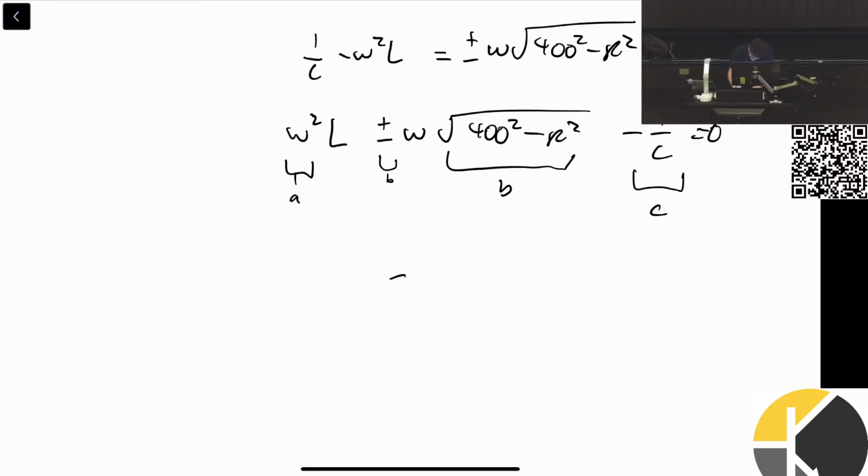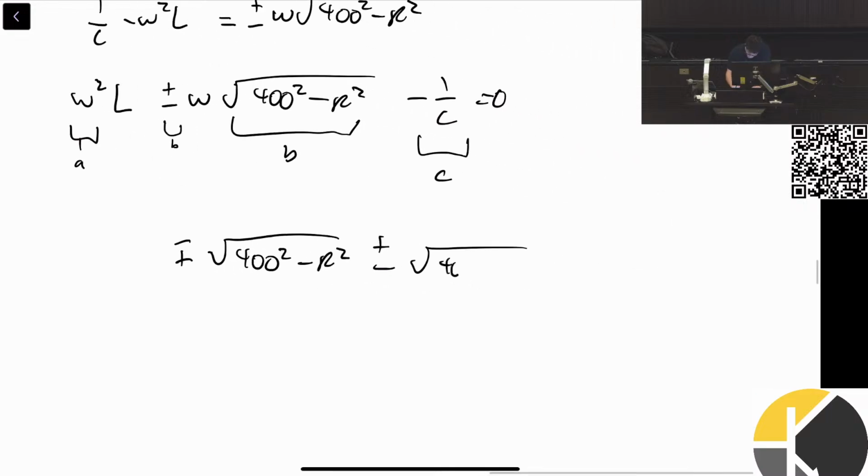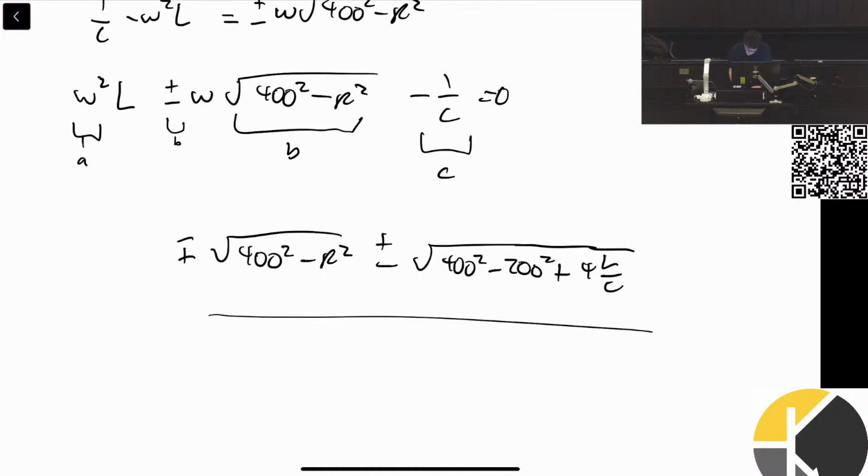So we're going to end up with minus plus square root of 400 squared minus R squared, plus or minus the square root of 400 squared minus R squared, plus 4L on C, all over 2L, because that's it.